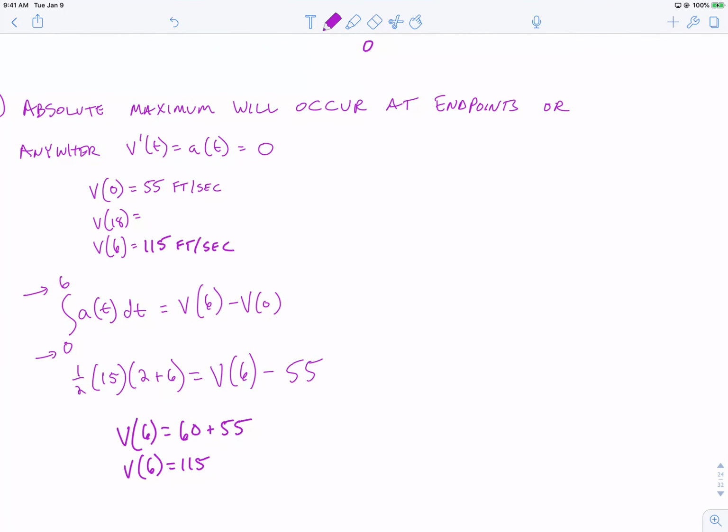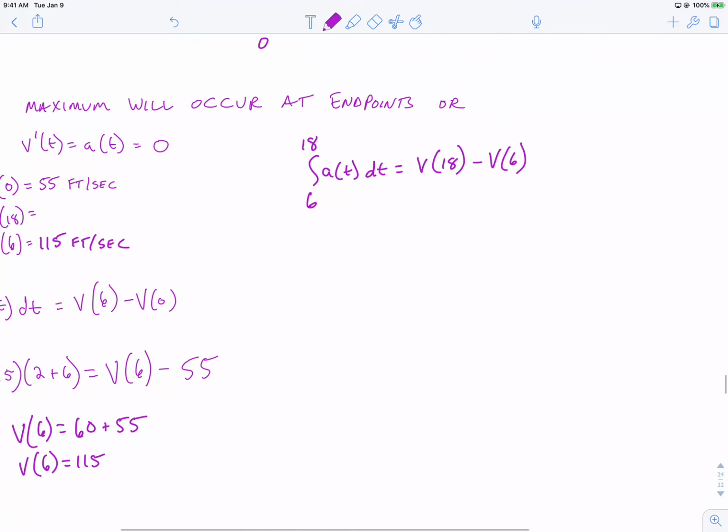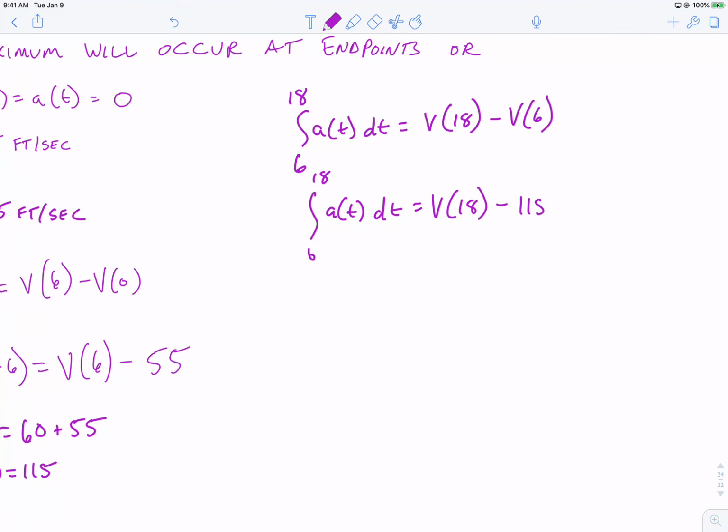So we're going to go our integral from 6 to 18 of our acceleration function. That's going to be equal to V of 18 minus V of 6. And we know what V of 6 is. So now we're going to say from 6 to 18 acceleration dt equals V of 18 minus 115. Now here's the trick.